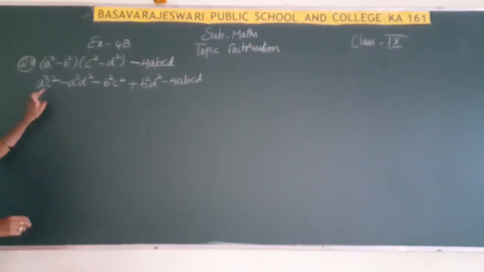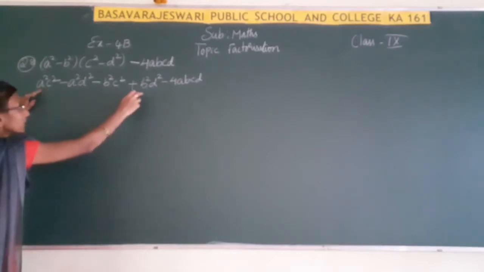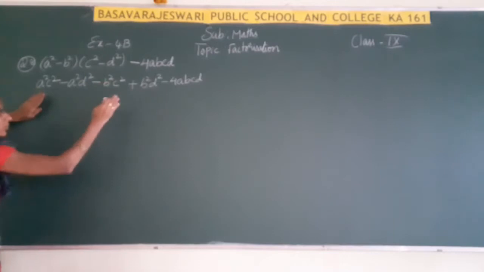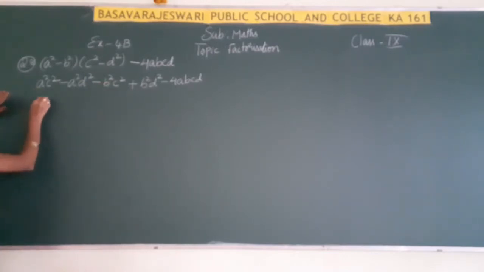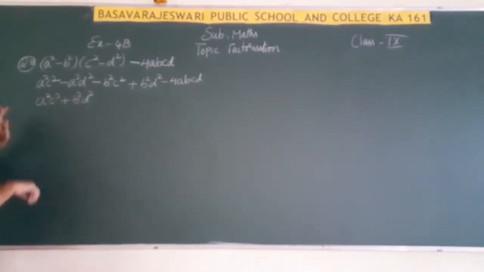We will take a square c square and b square d square, these two positive terms, as one group: a square c square plus b square d square.